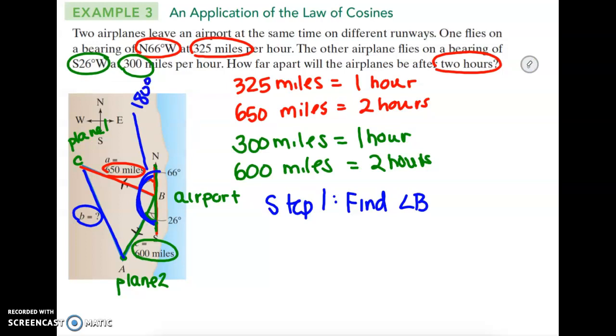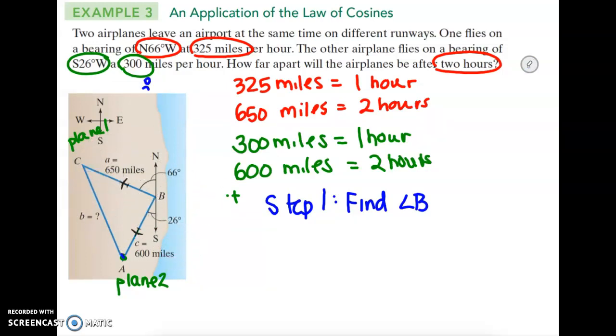It's getting a little messy there, so let me just erase it a little bit. Okay. So this is 66 degrees, and this is 26 degrees. We can subtract out those two angles from 180 to give us this angle B.